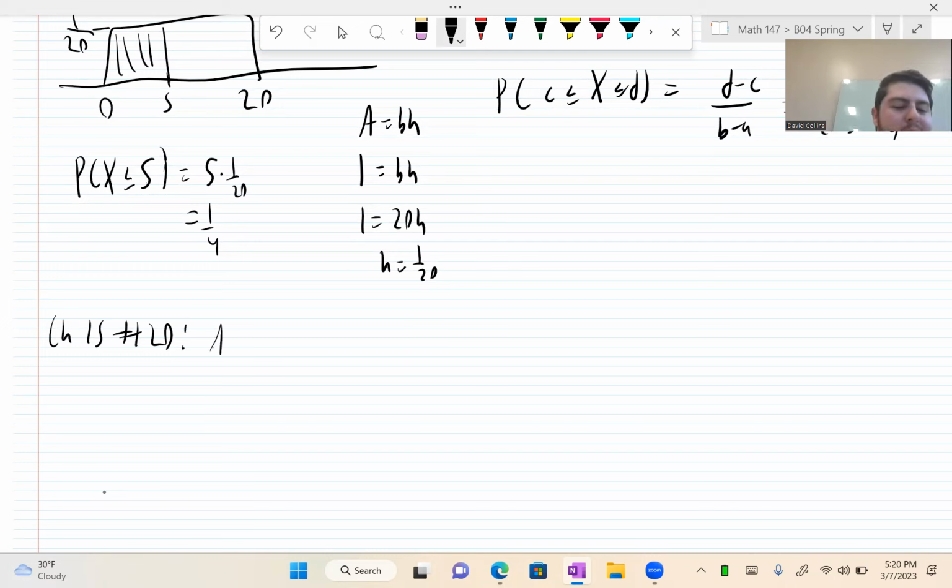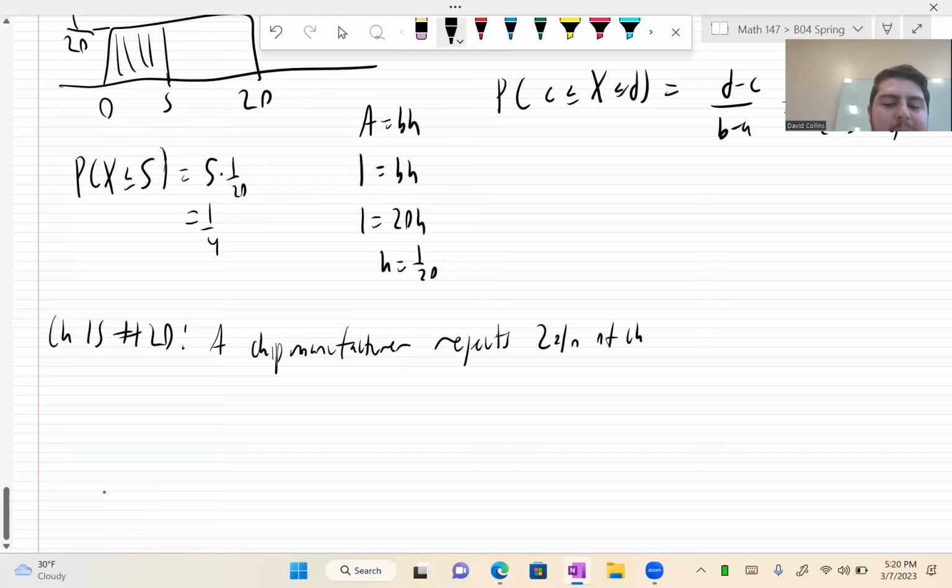This says a computer chip manufacturer rejects 2% of chips for being faulty. First of all, this is all the information you have. Do we have a P, a probability? Yes.